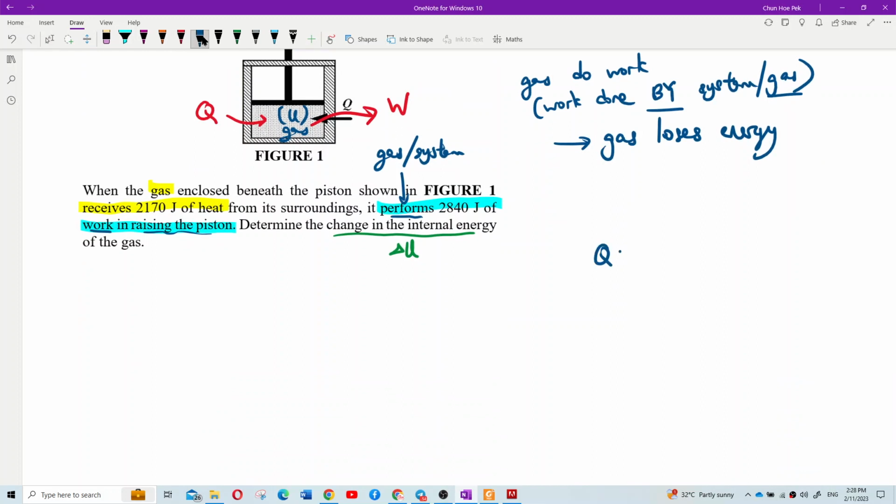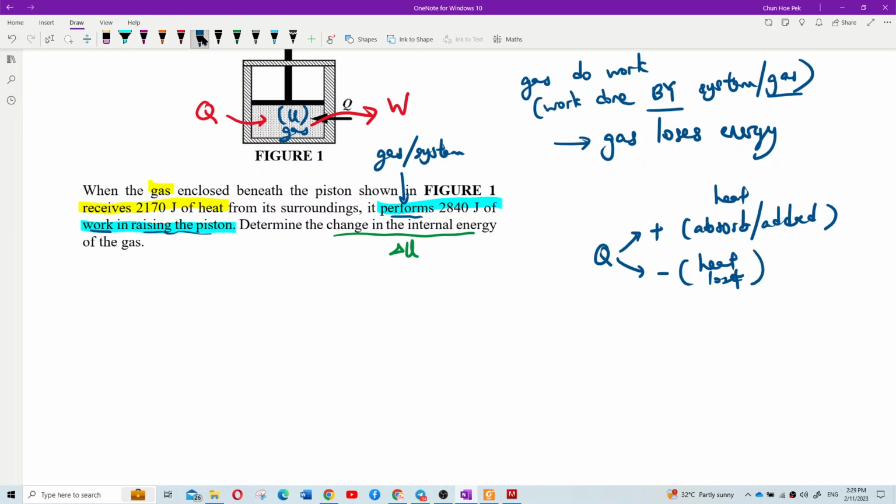Q is positive when it absorbs heat, heat absorbed or heat added. When is it negative? Heat loss to the surroundings.